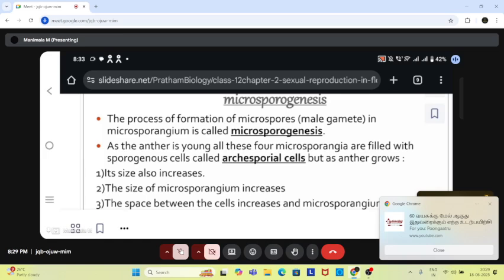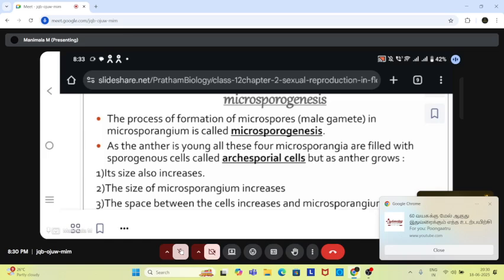What is microsporogenesis? When the anther develops, what do you mean by sporogenous tissue? Sporogenous tissue means the center of each sporangium contains the sporogenous tissue. Very good. When the anther is young, it has sporogenous tissue.